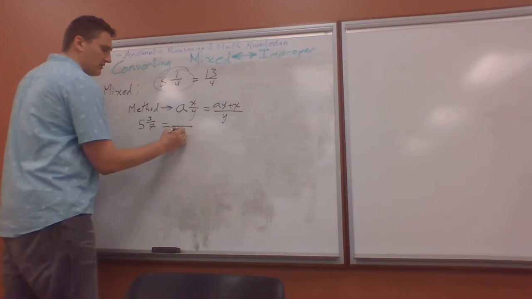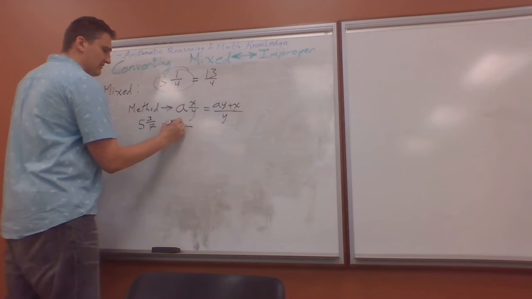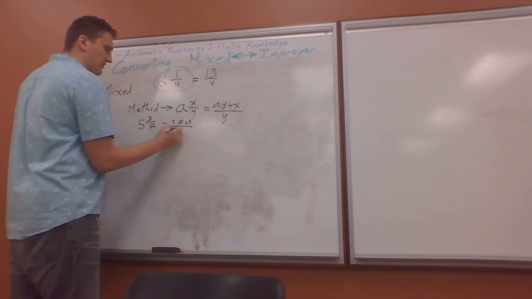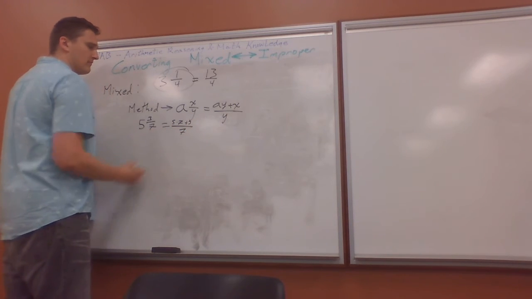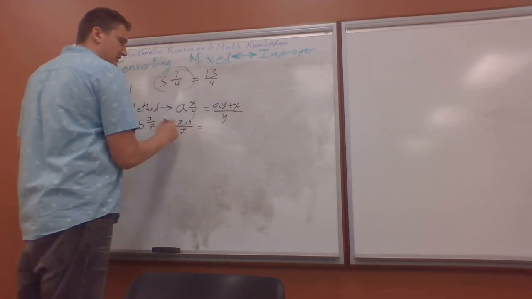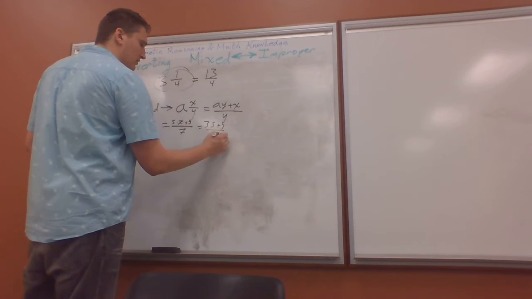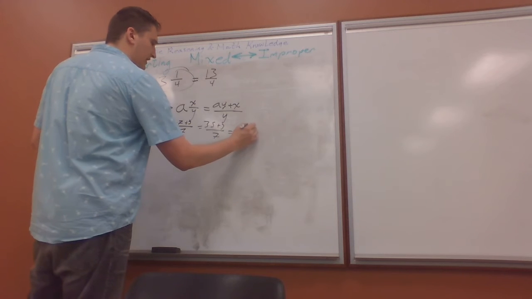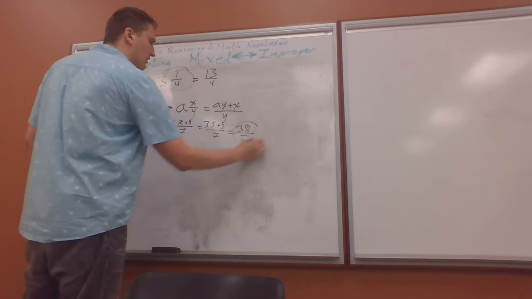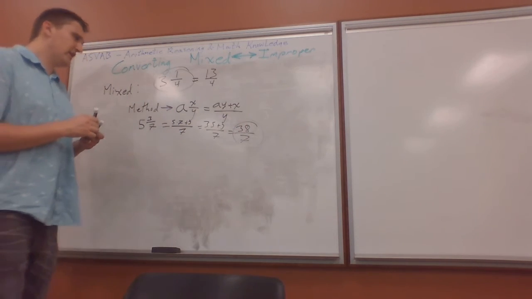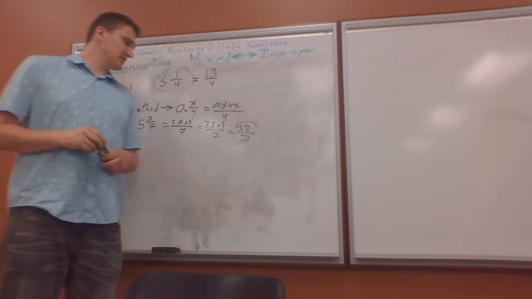So on top, we're going to have 5 times 7 plus our 3 all over 7. All right, so 7 times 5 is 35, plus 3, so 38 over 7. That's how quick you should be able to do these conversions.